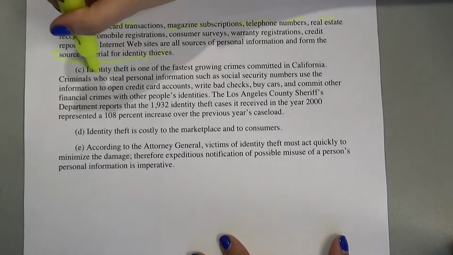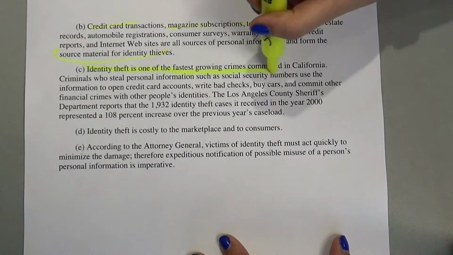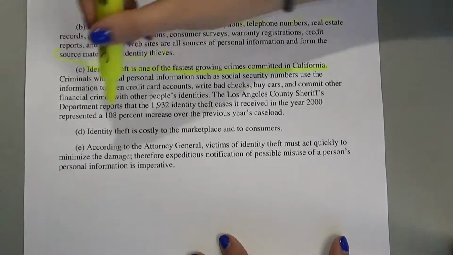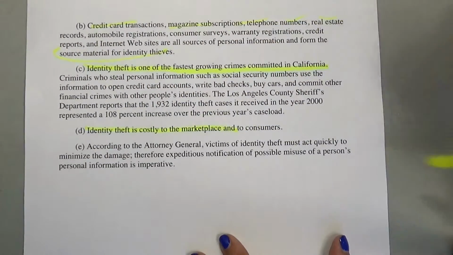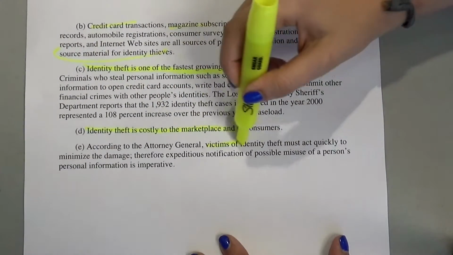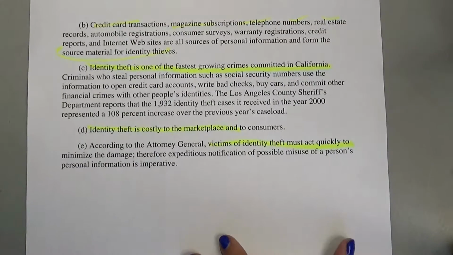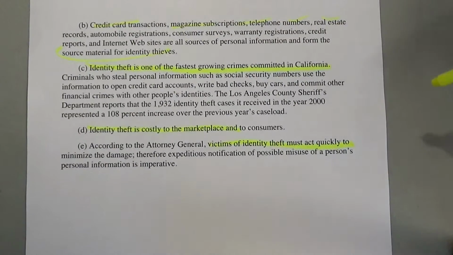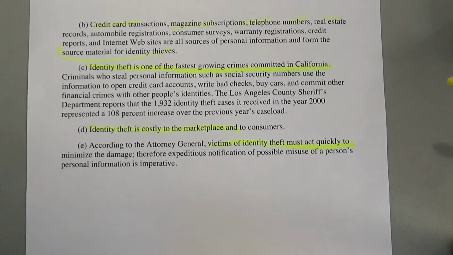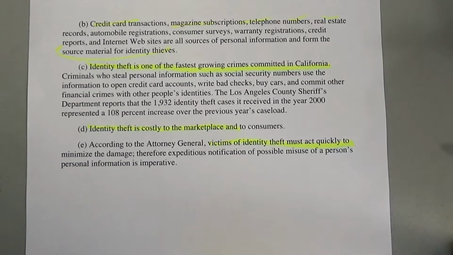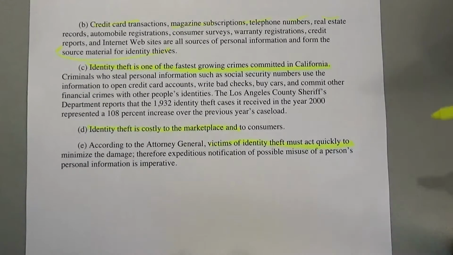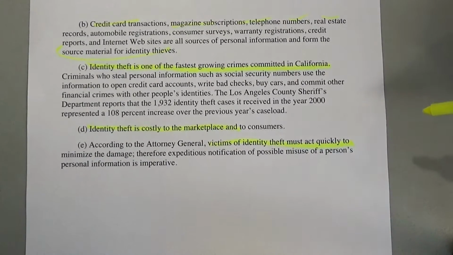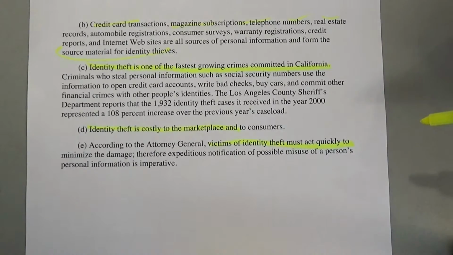Then they note that identity theft is one of the fastest growing crimes committed in California, that it's costly to the marketplace, and that victims must act fast. So the goal of the Senate, which in this case is the management, is to protect Californian citizens from all of these various myriad identity theft issues. This is the Statement of Management Intent.